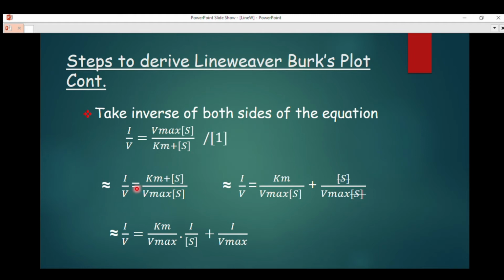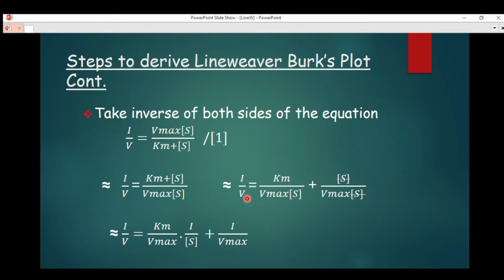Simplifying further, we get 1 over V equals Km plus S divided by Vmax times S. From mathematics, when you have A over B divided by 1, it is going to be B over A. So there is a reciprocation: the denominator occupies the numerator position and the numerator occupies the denominator.